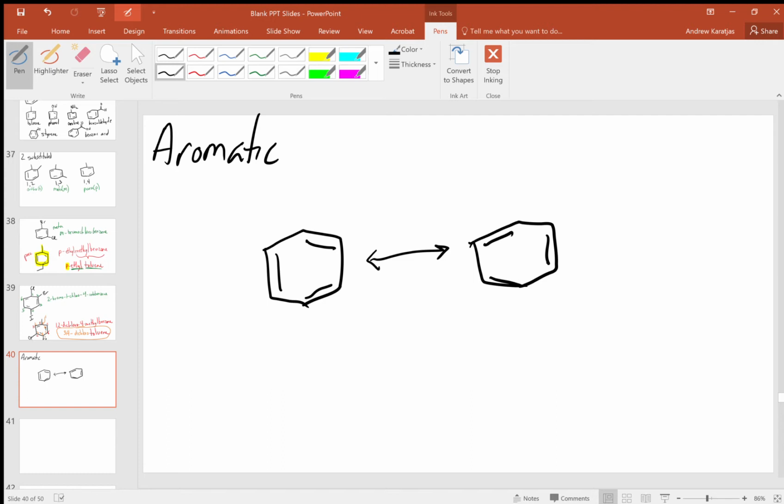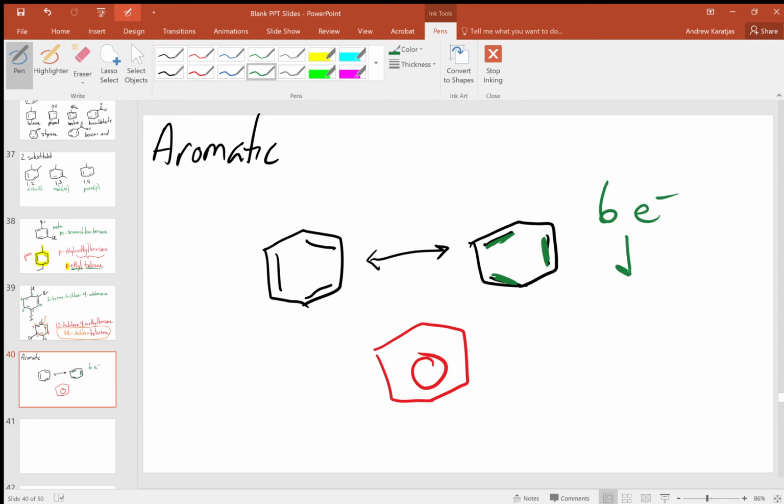Now, as it turns out, neither one of these is exactly what an aromatic ring is. An aromatic ring ends up being a hybrid of these two. And in many cases, we can represent that like this, showing that the electrons of the double bonds, being these, that's 6 total electrons.